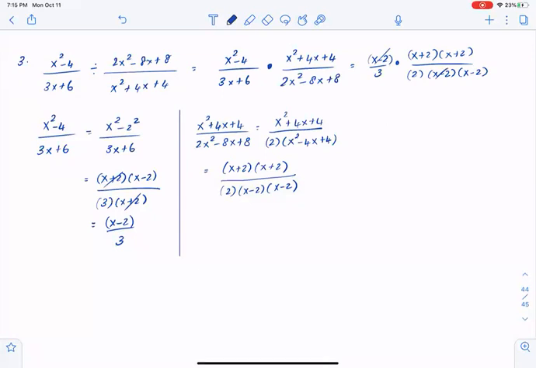Those two would get cancelled, and looks like that's the best we can do. So x plus 2 times x plus 2 is x plus 2 squared, divided by 6, 3 times 2 is 6, multiplied by x minus 2. And that would be the final answer.